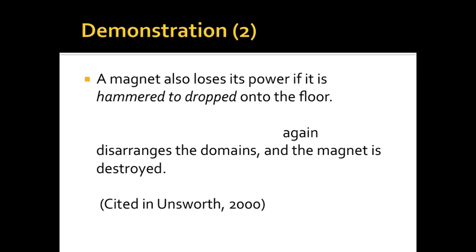Seems like we don't have a noun for hammer and we don't have exactly a noun for drop. Maybe we just put ing after that, the hammering and dropping. See how the writer did this. He wrote, hammering or dropping, again, disarranges domains and the mechanism is destroyed.